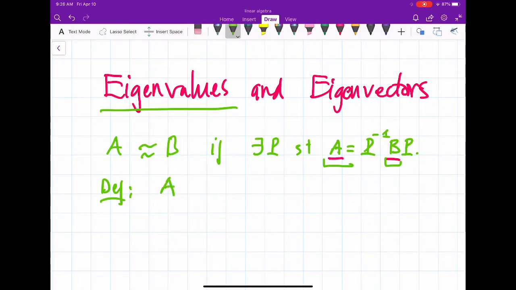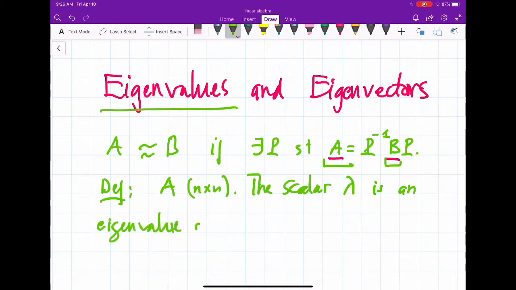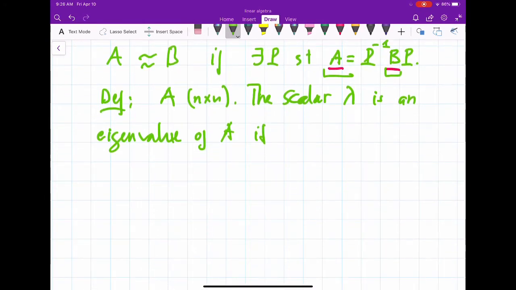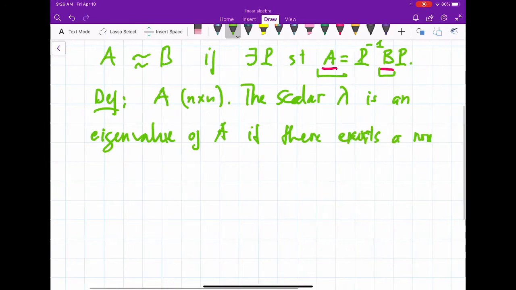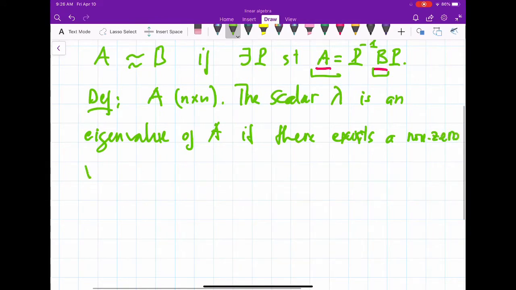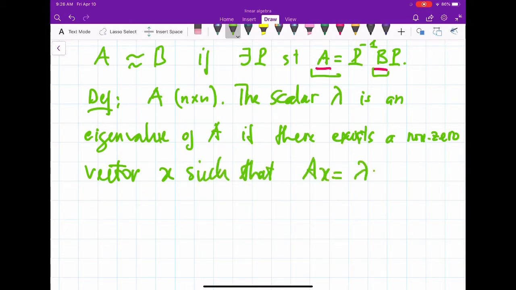Suppose that you have some square matrix A. A scalar lambda is an eigenvalue of A if there exists a non-zero vector x such that Ax = lambda x.